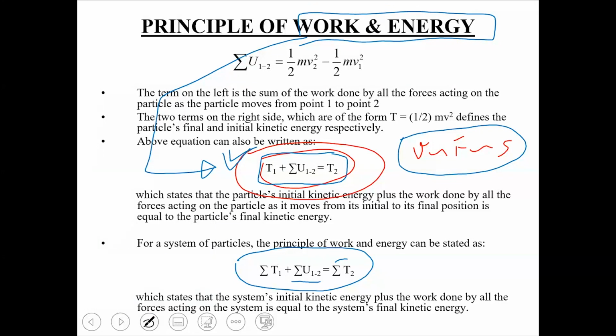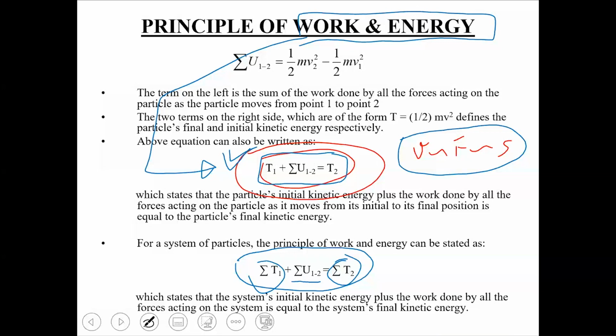So this is the principle of work and energy applied on a system of particles. When we consider a system, instead of an individual particle we take the system's initial kinetic energy plus the work done on the system by the various forces, and that should be equal to the final kinetic energy of the system. Is this principle of work and energy clear to all of you? Does anyone have any doubt?